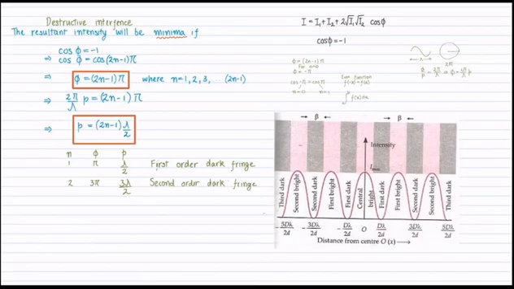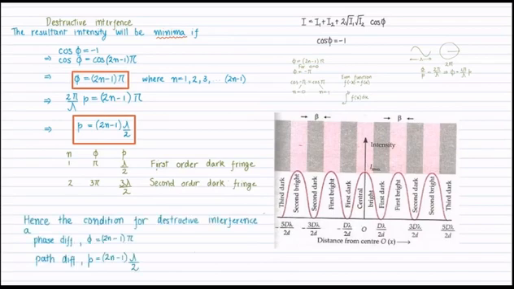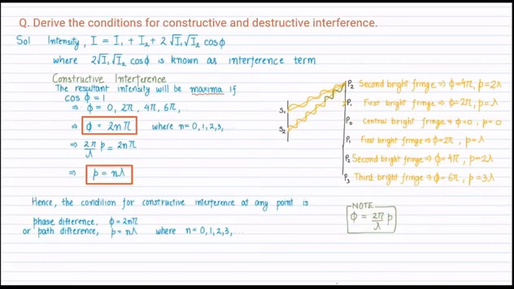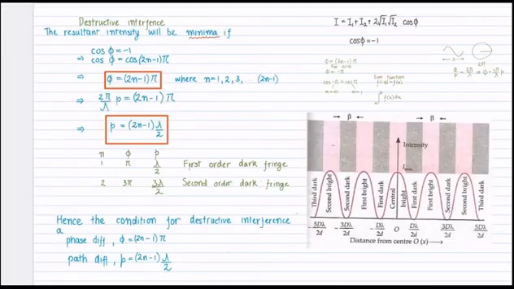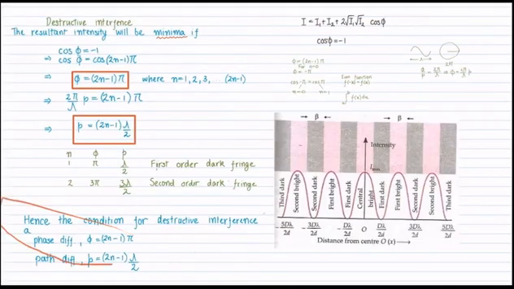So from your board's perspective, the condition of the destructive interference will be: the phase difference phi should be an odd multiple of pi, and the path difference should be an odd multiple of lambda by 2. Fine. So we have derived the condition for your constructive interference, and we have derived your condition for your destructive interference. Fine.